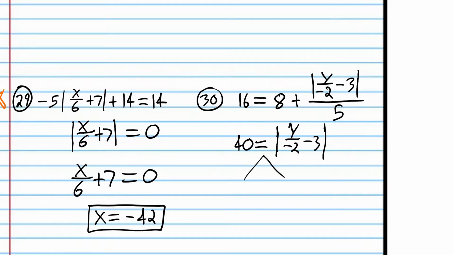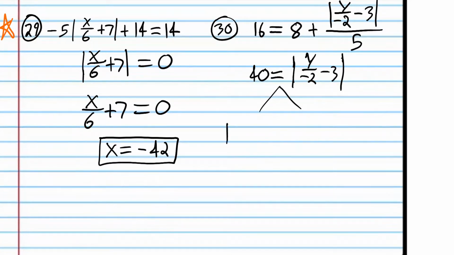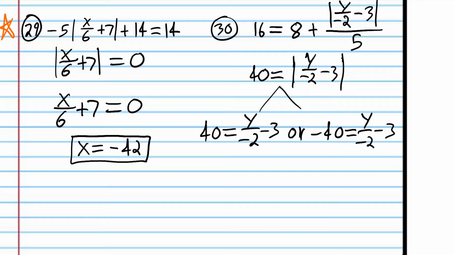So we've isolated the absolute value, and now we can separate it. So positive 40 is equal to y over -2 minus 3, or negative 40 is equal to y over -2 minus 3. So now add 3 to both sides over here, and we get 43 times -2 is -86.